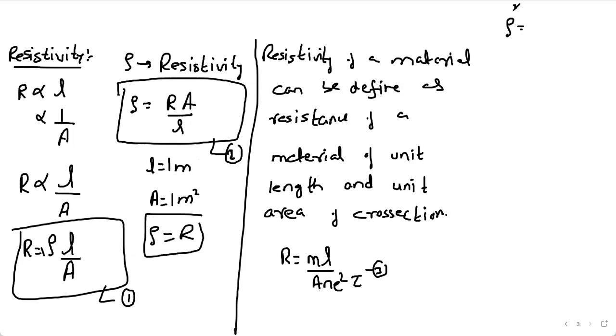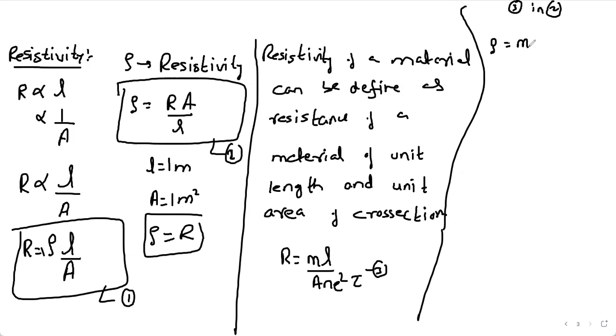Then I will get that rho is m L over A n e squared tau times A by L. This A will cancel this A, this L will cancel this L, and we are left with this term only.